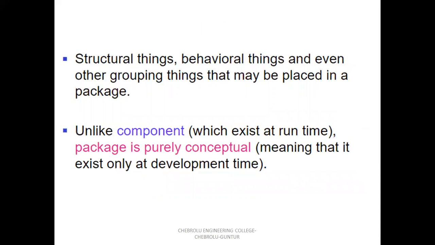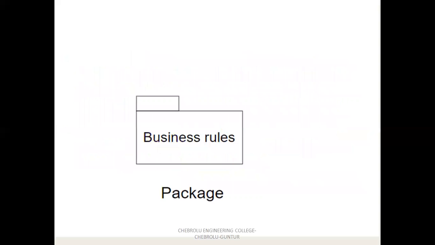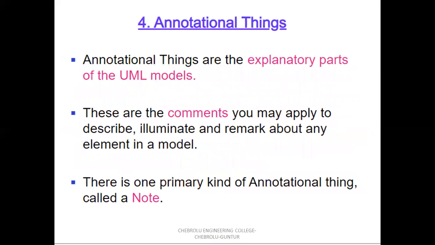Structural things, behavioral things, and even other grouping things may be placed in one package. Unlike a component, which may exist at runtime, a package is purely conceptual, meaning that it exists only at development time. Graphically, a package is represented by a rectangle with a single tab.